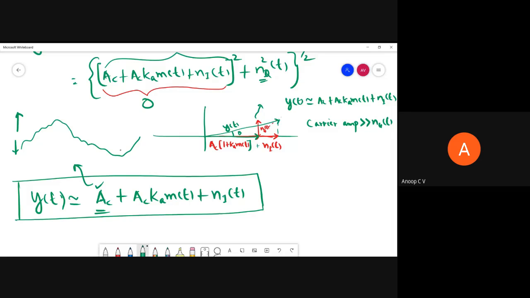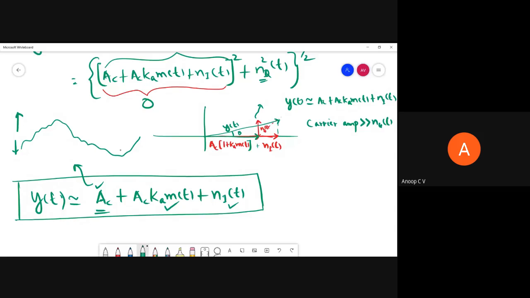This Ac k m of t is the term which contains m of t, and ni of t is the in phase noise term. n of t is the w of t filtered by a band pass filter, the in phase component. Just like in the DSBSC noise analysis, the in phase component appears additively with the message, but we have an additional Ac here.